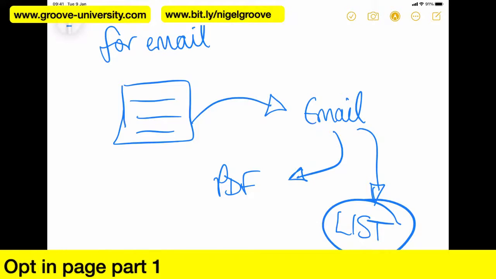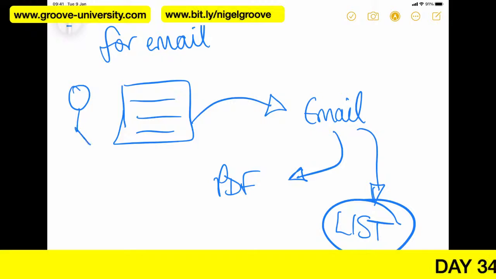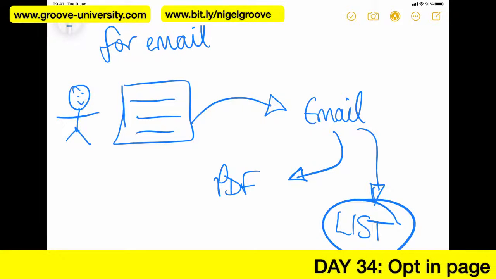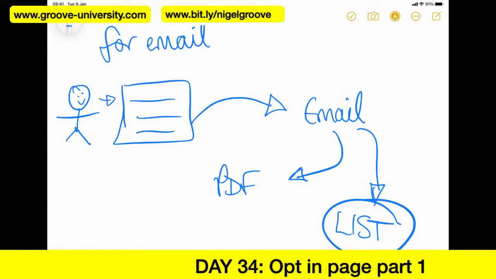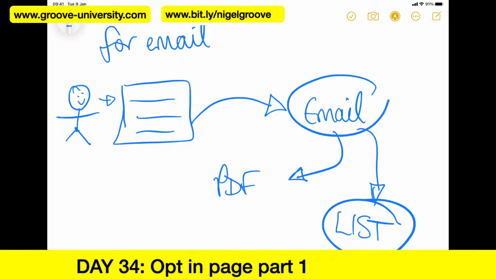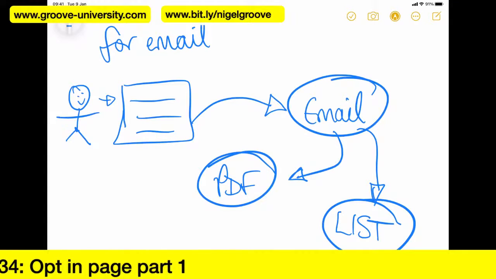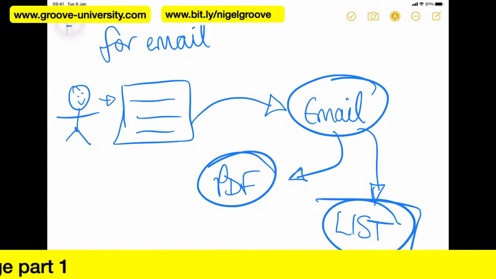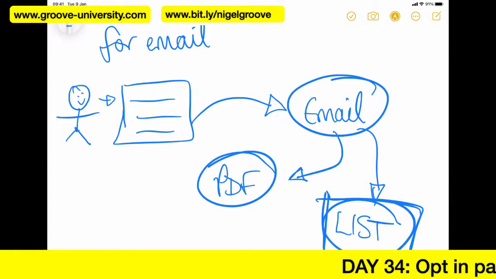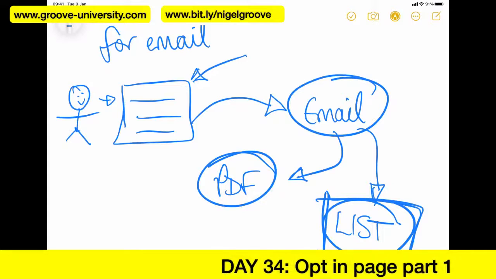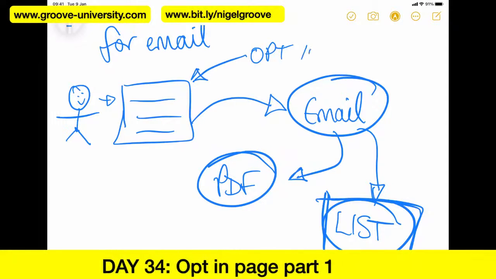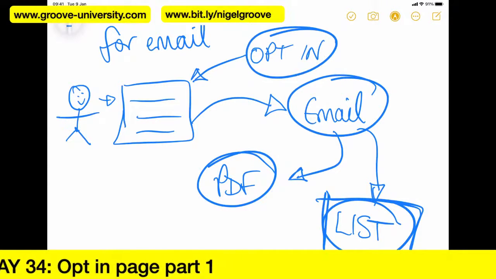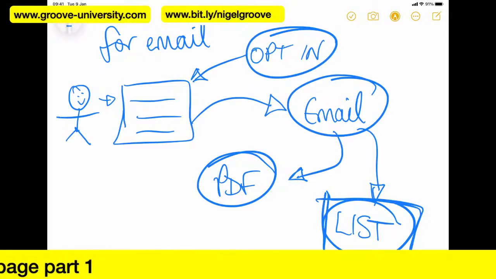So you've gone from the person over here who has said, yeah, I'll do that. They get the email, they get the PDF, and in the background, they come onto my list. And that is what this is. This is the opt-in.